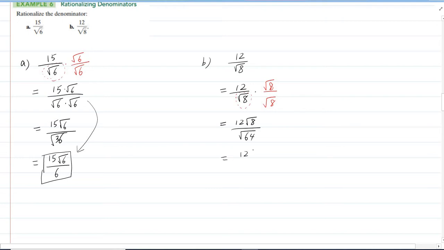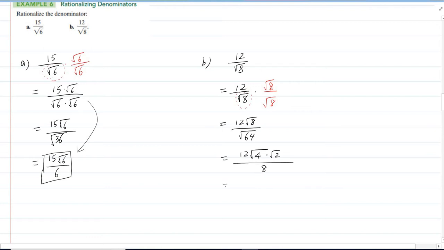Remember that square root of 8 we can actually simplify a little bit further, so I'm going to simplify it at the same time. Square root of 8, I can rewrite as square root of 4 multiplied by square root of 2, over square root of 64, which gives us 8.